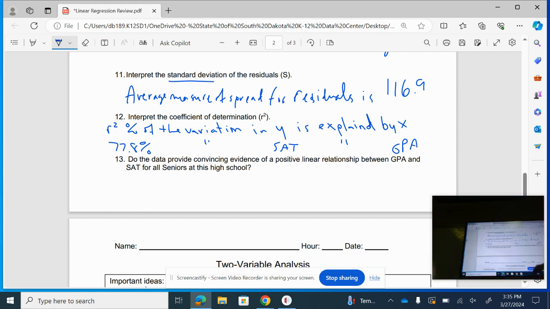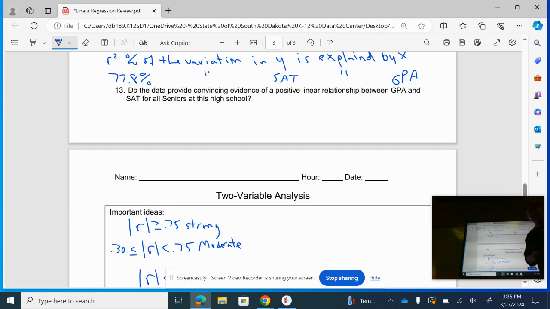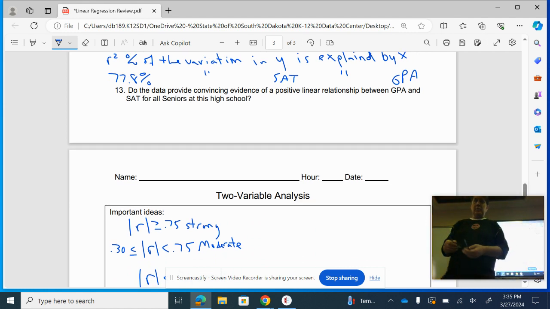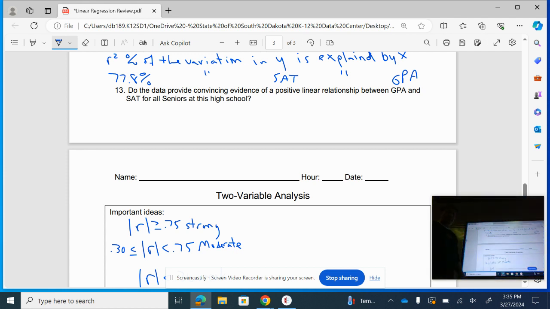Okay, last problem. The last one deals with chapter 26. It's the linear regression t-test. Now, I don't usually do the assumptions. So on this one, do the data provide convincing evidence? You want to pause the video now. You want to practice a linear regression t-test? You can. But here we go.